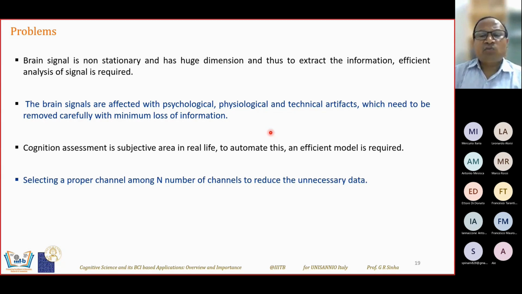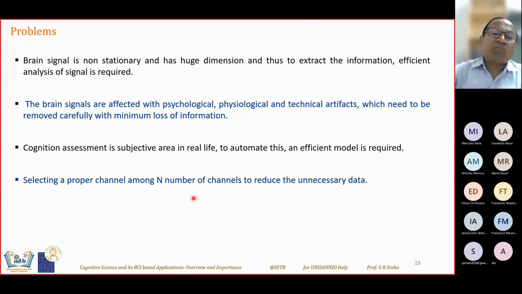There is one more interesting problem: selecting a proper channel among n number of channels to reduce unnecessary data. As I was telling you, there may be 100 channels, or 64 electrodes you can put on the scalp. But which channel is actually bringing useful information for you? You are bringing all of them into your computer and extracting features from them.